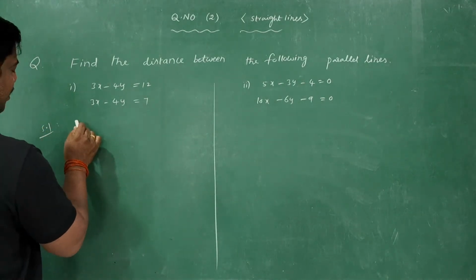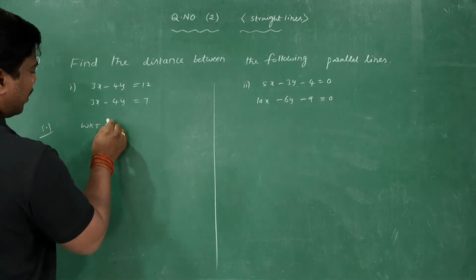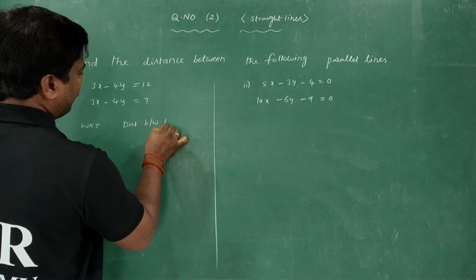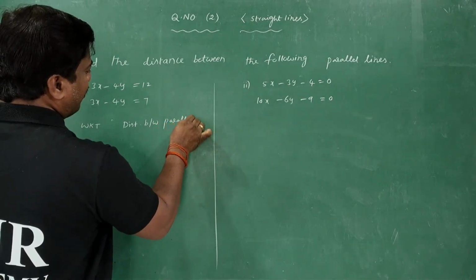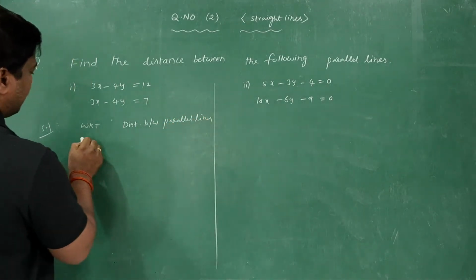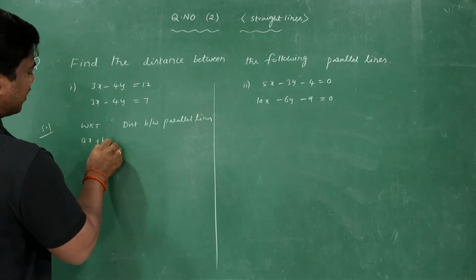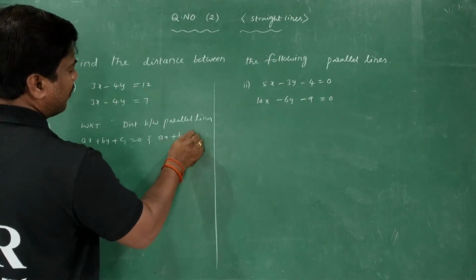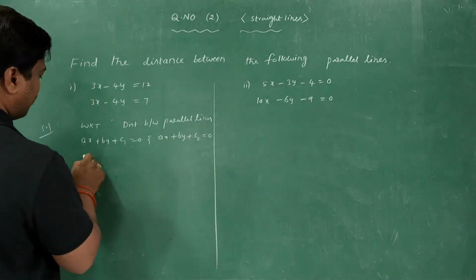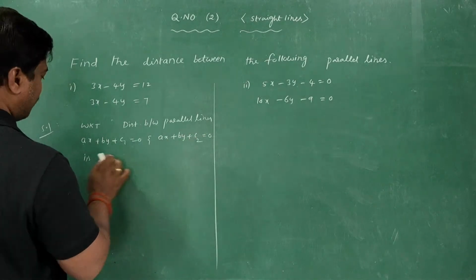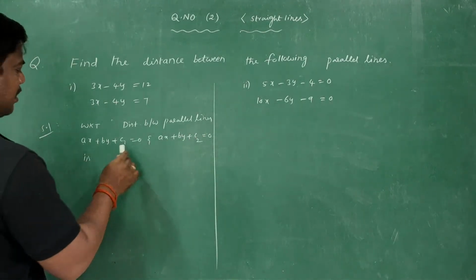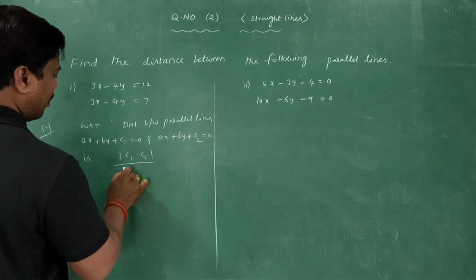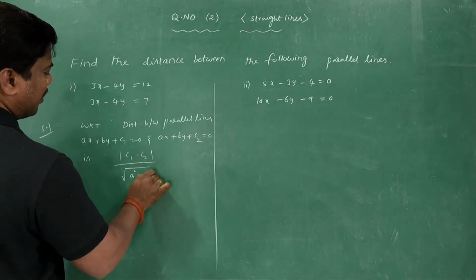I am going to write, we know that the distance between parallel lines of the form ax plus by plus c1 equal to 0 and ax plus by plus c2 equal to 0, where only the constant differs for parallel lines, is the modulus of c1 minus c2 by the square root of a square plus b square.